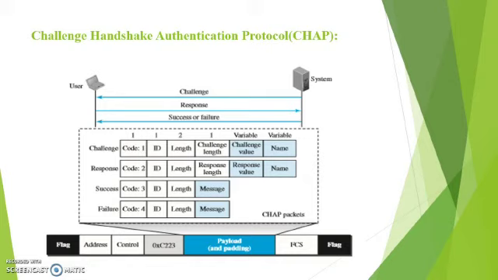The system also does the same, that is, using its default function it computes a new value using the challenge value. If the response from the user and the system computed value match, there is a success. If they don't match, there is a failure.